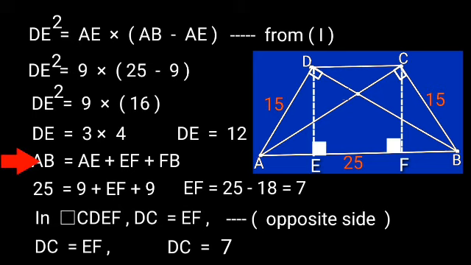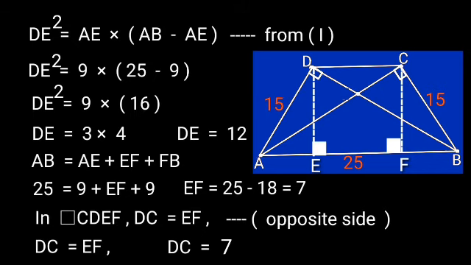But in figure, AB is equal to AE plus EF plus FB. Substituting the value, AB is equal to 25, AE is 9. We have to find out the value of EF and substitute the value of FB, 9.